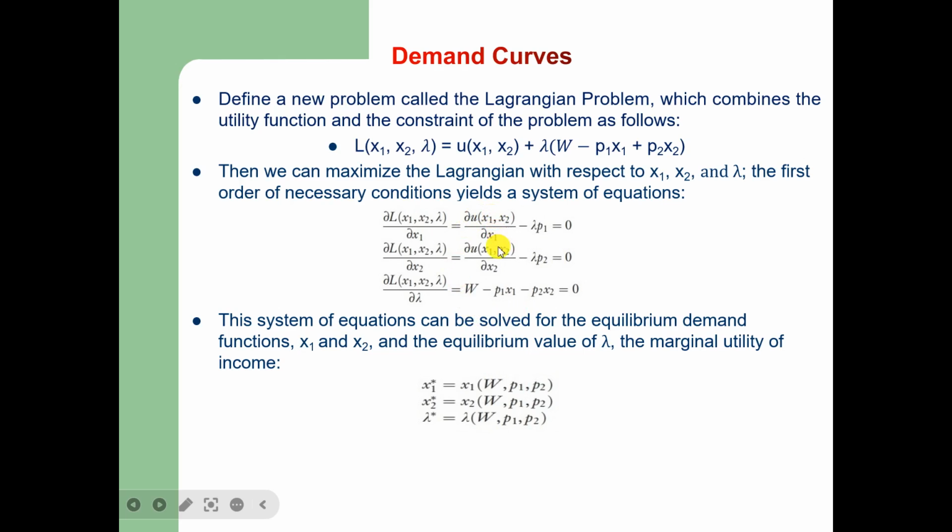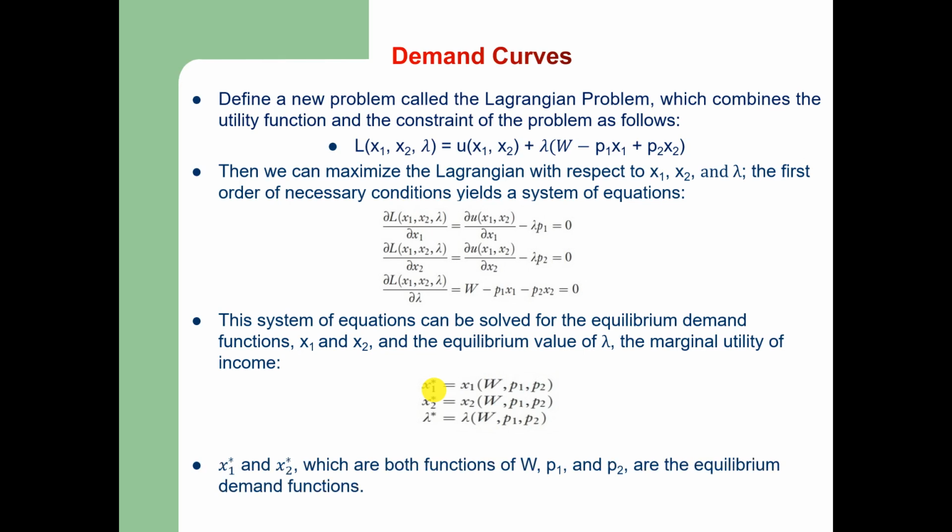Solving these three equations simultaneously will give us the following equations. So x1 star is the Marshallian demand for good 1, which is a function of income, price of good 1 and price of good 2. Similarly, the Marshallian demand function or curve for good 2 is given by x2 as a function of W, P1 and P2, and similarly the optimal or equilibrium value of the Lagrangian multiplier lambda is a function of income, price of good 1 and price of good 2.